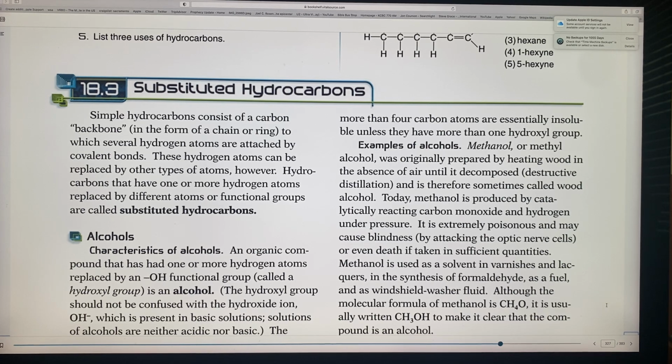And so we're going to talk first about methanol. Methanol is methyl alcohol, which is also called wood alcohol. The thing about wood alcohol is that if it is heated without enough oxygen, it would produce carbon monoxide and hydrogen, and carbon monoxide is extremely poisonous.